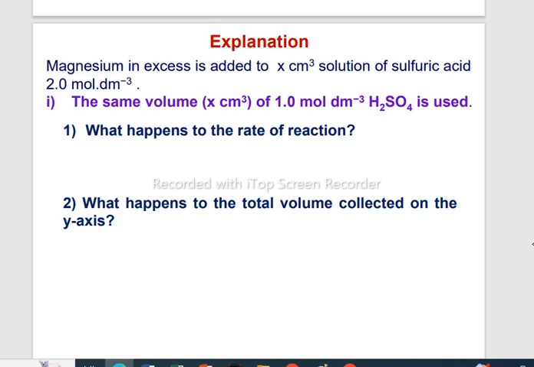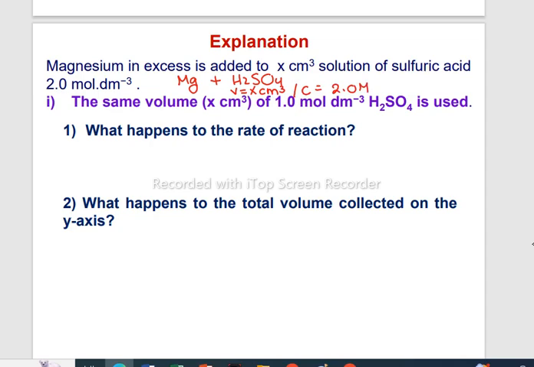Going back to the original question, magnesium in excess is added to x cubic centimeter solution of sulfuric acid. Another time, it's my magnesium that is added to the H2SO4. Here I have the volume, which is x cubic centimeter according to the question, and the concentration, which is actually 2 molarity.